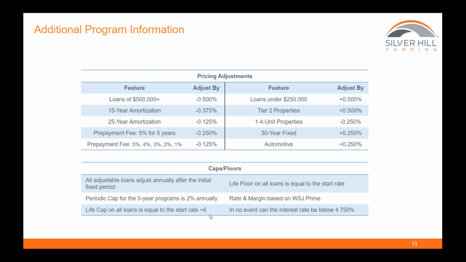A lot of our borrowers are actually going with the 30-year fixed. They like the fact that they can get a rate in the 6s and lock it in for the length of the loan. But we do offer the 5/1 ARM, and that's where these periodic caps come in.